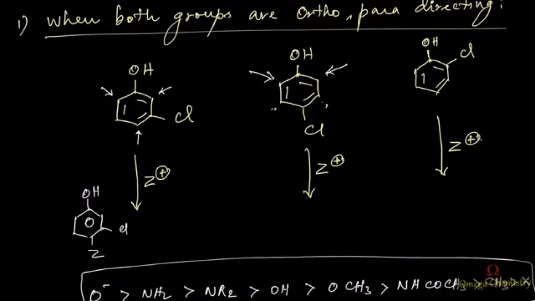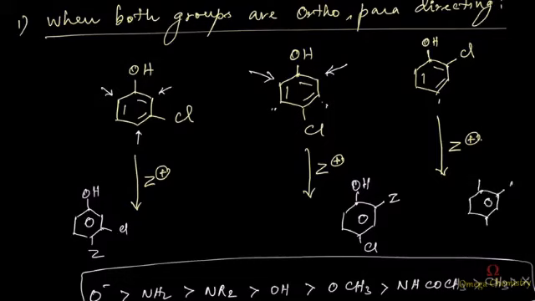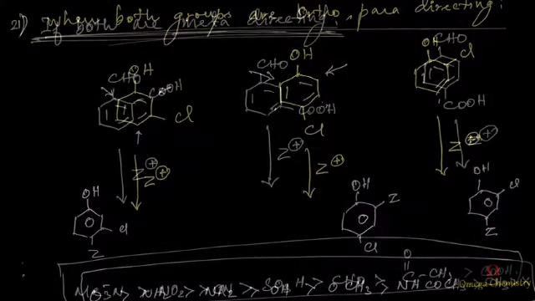So your Z may attach ortho to OH only, which means we will get this product as the major product. And when it comes to the third case, this is para to this one, and the chlorine's effect will be suppressed. So the para isomer will be the major product. So chlorine will be here, ortho will be here, and Z will be directed para to the OH group.